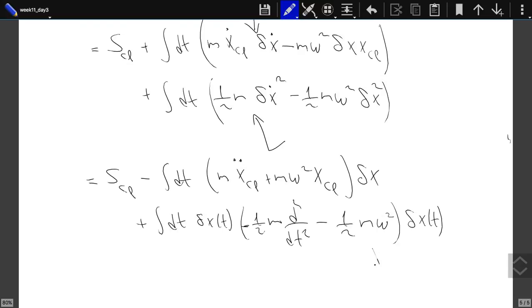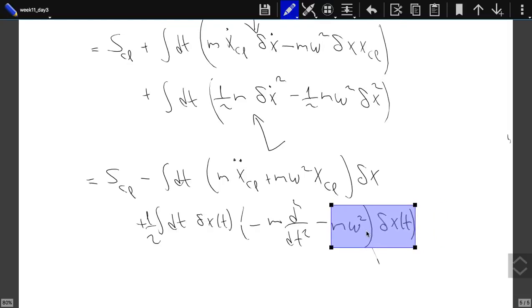Let me also take these factors of 1 over 2 out. The linear term is 0 because we already chose x classical to satisfy that equation: x classical double dot plus omega squared x classical is 0.